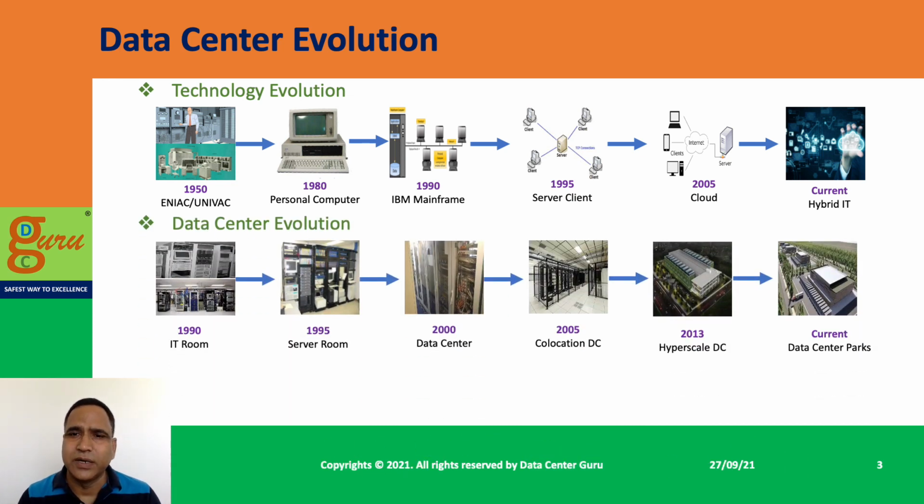Similarly, if you talk about the data center, it has evolved from 1990, an IT room, to a server room, to in 2000 you started building data centers, then it became third party or multi-tenant data center where they started providing co-location as a service. And then after 2013, the hyperscale, you started building extra large data centers, and now we are talking about building data center parks.